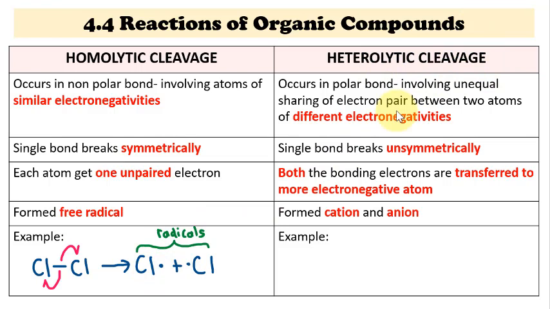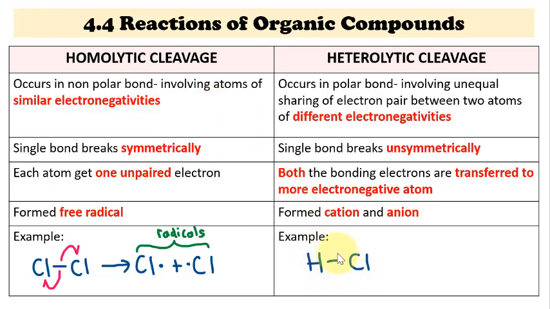While heterolytic cleavage occurs in a polar bond involving unequal sharing of an electron pair between two atoms of different electronegativities. For example, if I have hydrochloric acid, the HCl molecule, there is a difference in electronegativity between the hydrogen and chlorine atoms.